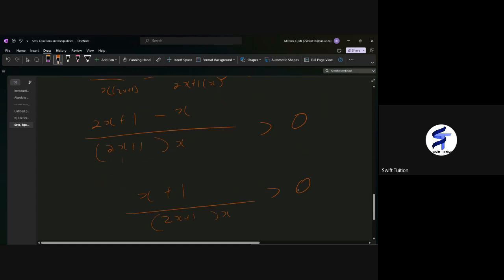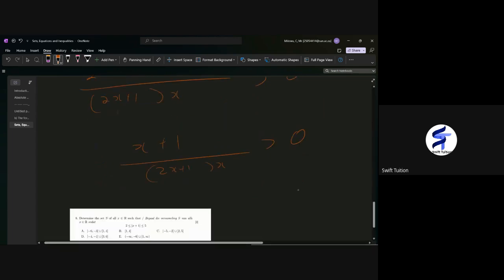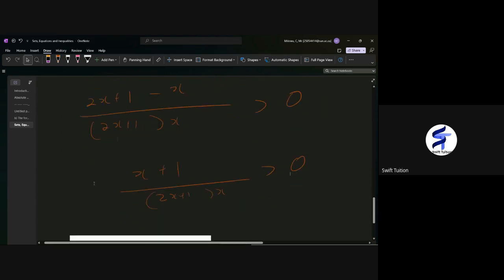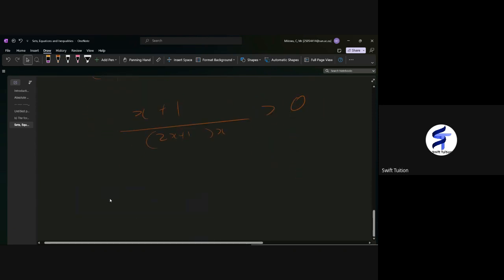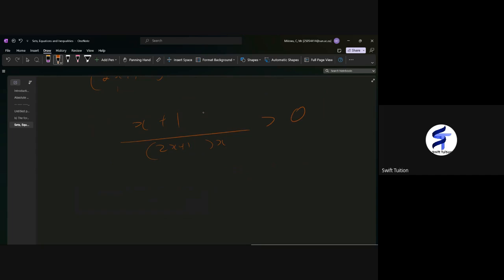Cool. Now, we have the fact that x plus 1 over 2x plus 1 multiplied by x has to be greater than 0. This is not as straightforward as the previous one, because for the previous one the denominator was always positive, so the numerator had to be positive as well.